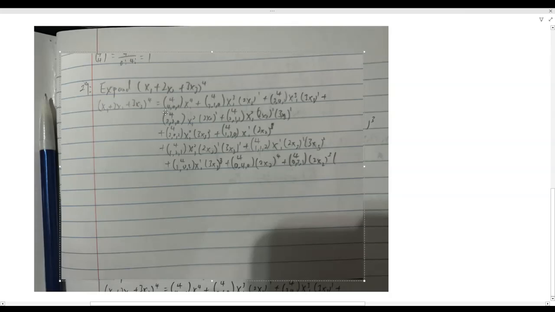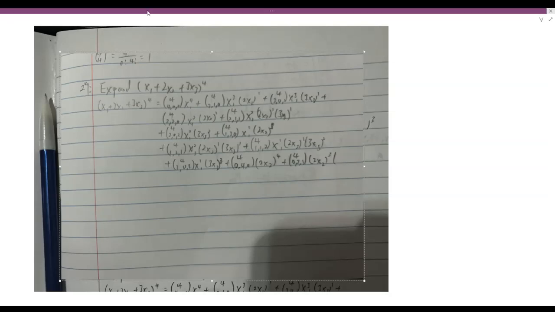You only got x1 to the power 4, and the second one is for choosing 3, 1, 0. What I would do is finish the spots before, because you have n1, n2, n3. Now you let n1 be 4, then you have to give n2 a chance to be 4, then give n3 a chance to be 4.